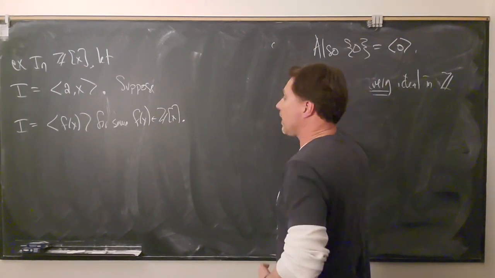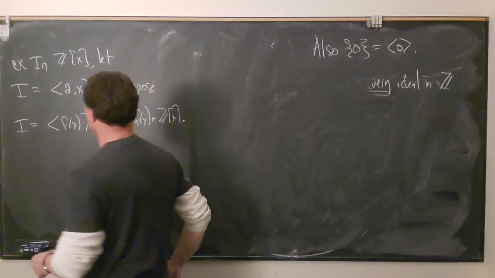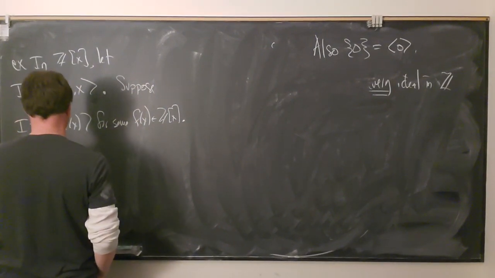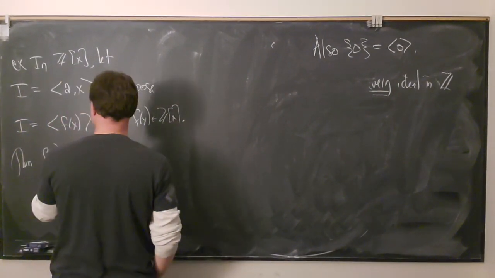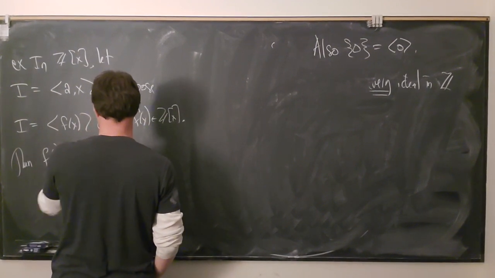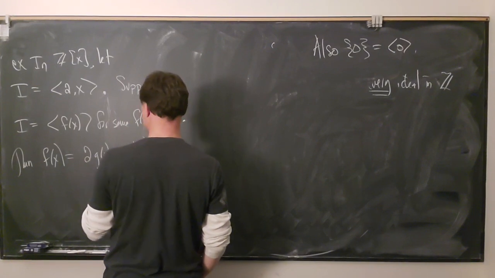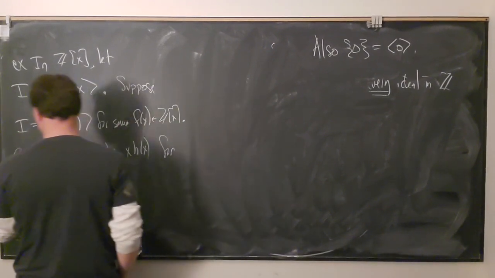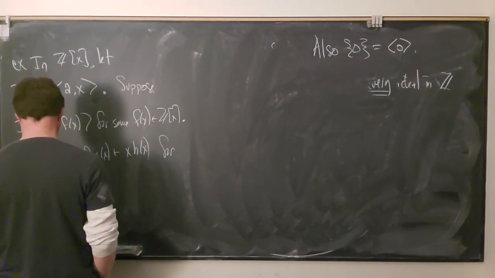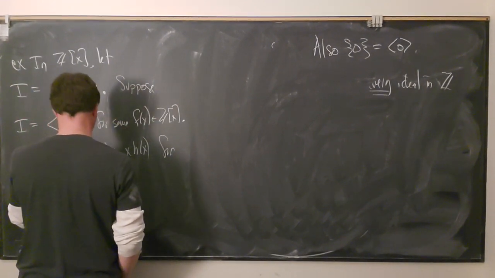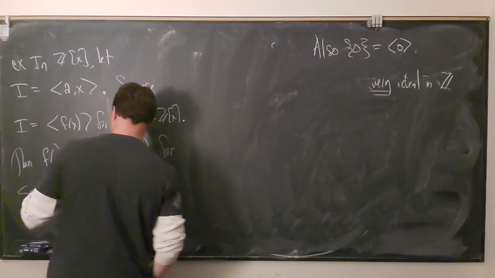Well, that would mean then that f(x) equals 2 times g(x) plus x times h(x) for some polynomials g(x) and h(x).